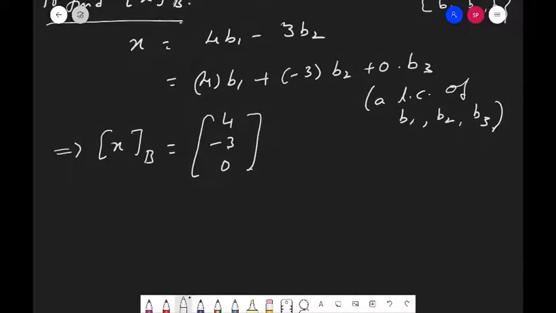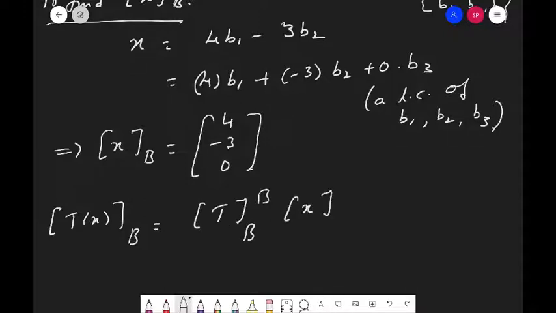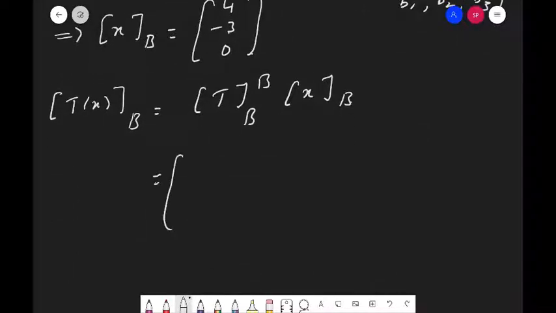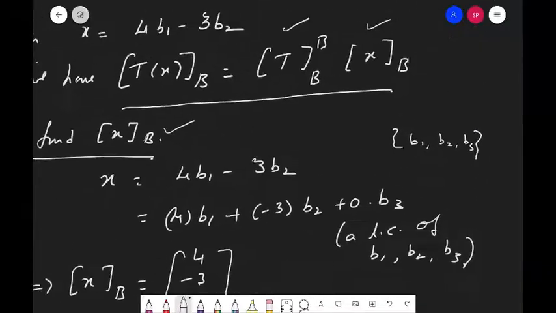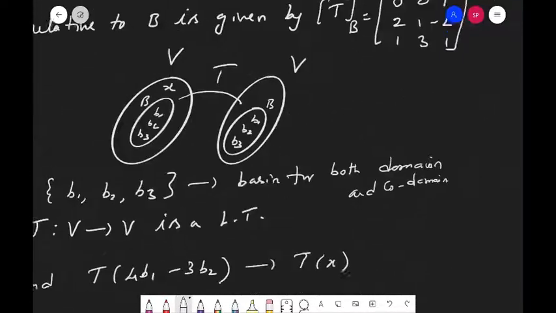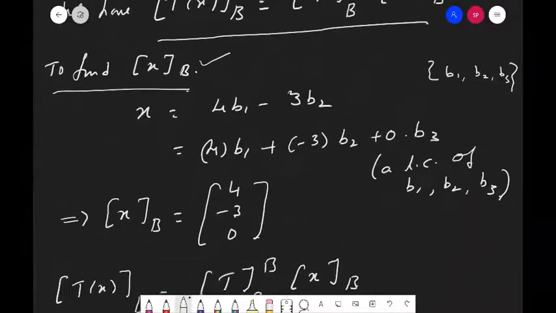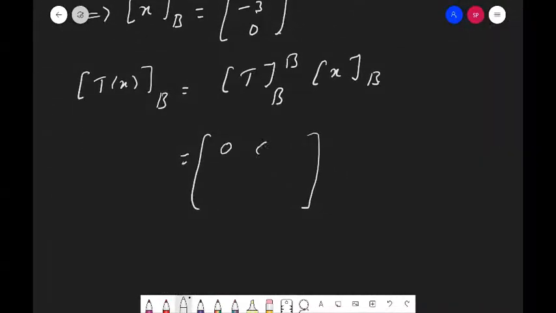And now what do we have? The coordinate vector of T of x with respect to B is the matrix of linear transformation times the coordinate vector of x with respect to B. What is the matrix of linear transformation given to us? It is given here as 0, 0, 1; 2, 1, minus 2; and the last row is 1, 3, 1.